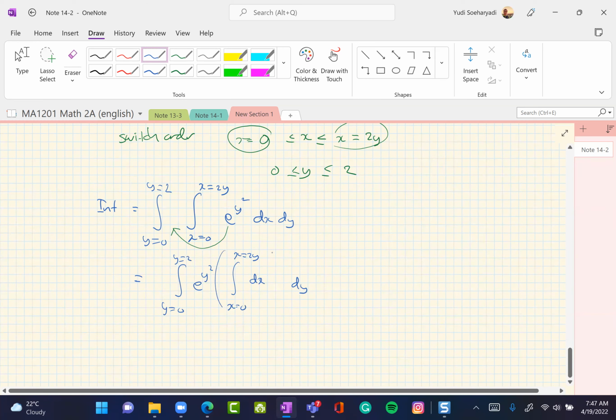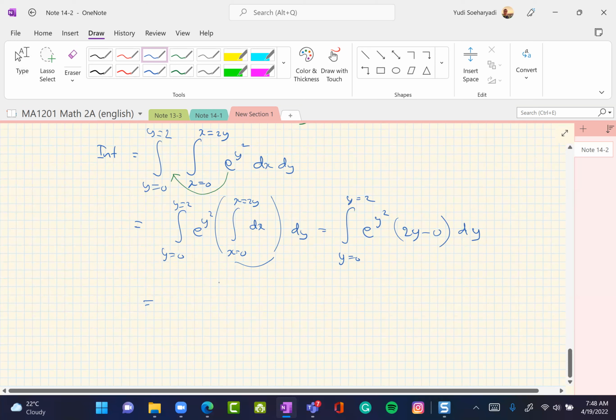Let's go, and that's easy. x is just the difference in the limits, so this gives you 2y minus 0. So here you have e to the y squared, and this integral gives you 2y dy. But now the integrand, this 2y, is exactly the derivative of y squared.